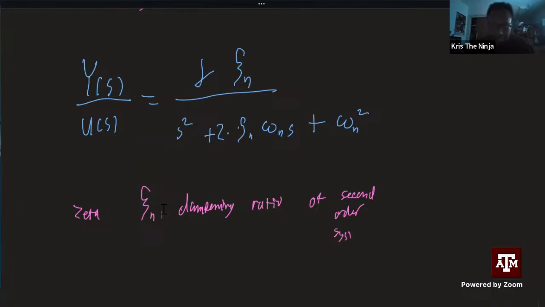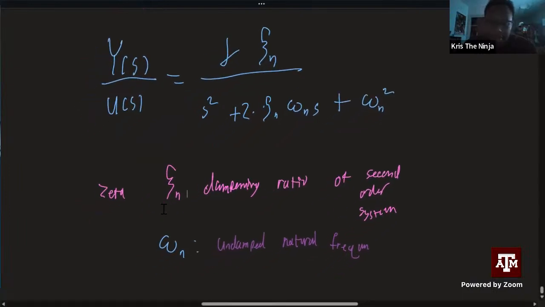You got omega n, which is the undamped natural frequency.